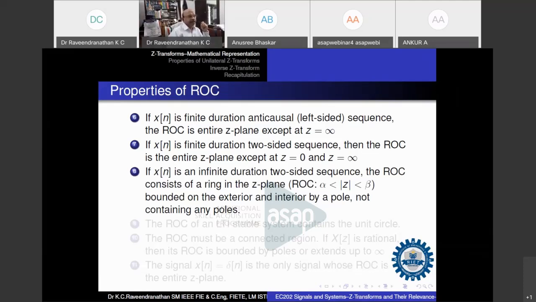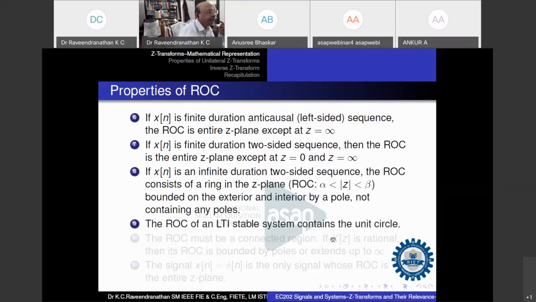Then the region of convergence consists of a ring in the Z plane, where the absolute value of z is between alpha and beta, bounded on the exterior and interior by poles, not containing any poles. So alpha and beta refer to two pole values, and the ROC is bounded by these two poles.